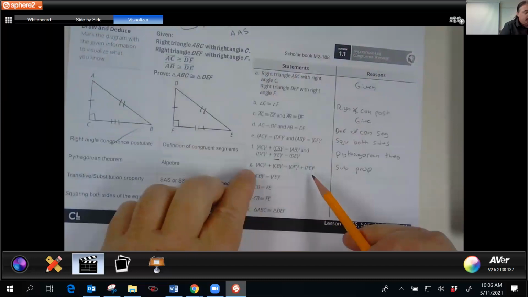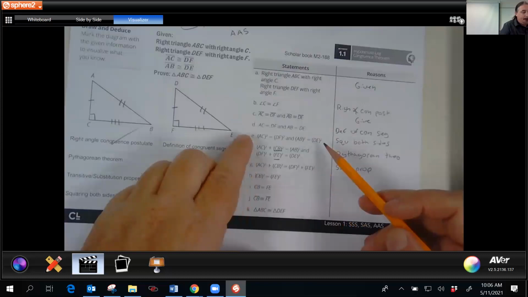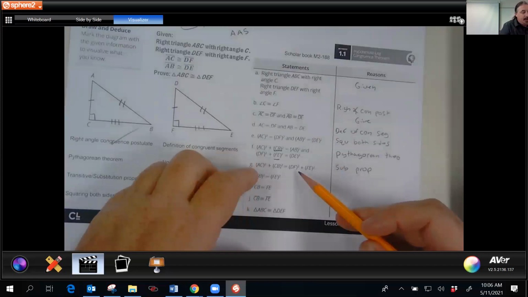What changed? So what changed was that we subtracted AC and DF. How can we get away with subtracting that? It's from up here. We're saying that they're the same thing. So AC and DF, sorry, not FE. AC and DF.